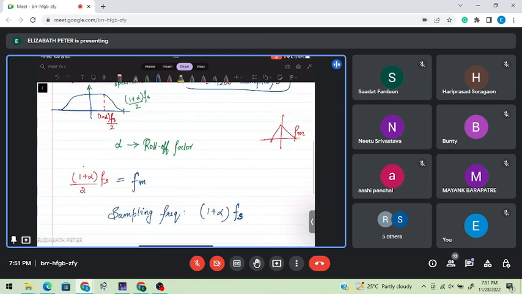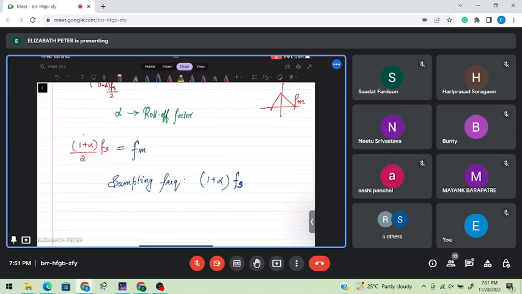So if you are using this raised cosine pulse, and I sample it at the sampling frequency (1 plus alpha) fs, these many samples I can send through the channel, right? Are you guys agreeing with that?